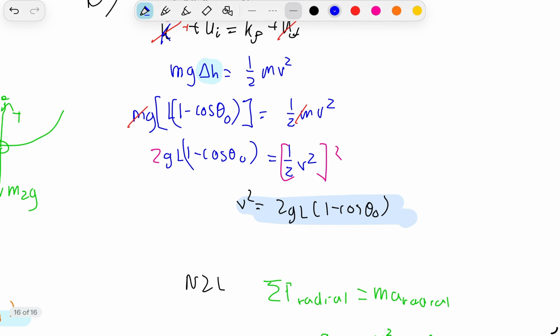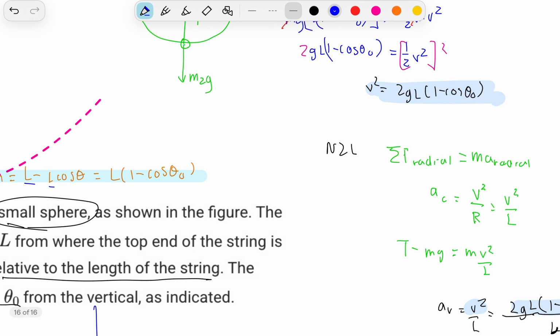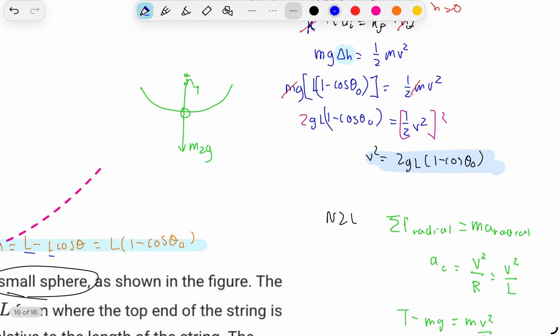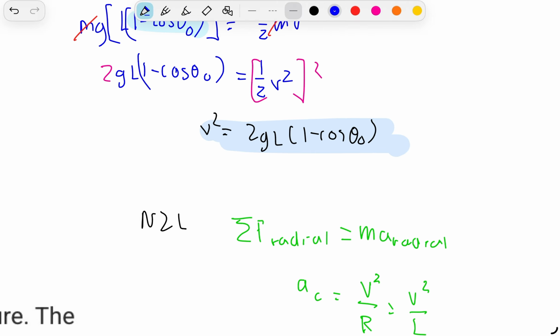So you have mg delta h, and your delta h you can plug in right here: L times 1 minus cosine theta initial. Then we set that equal to 1/2 mv squared. We can cancel out the mass, and then multiply both sides by 2 to get rid of the 1/2. Then v squared is equal to 2gL times 1 minus cosine of theta.